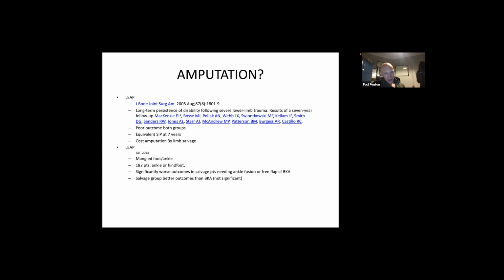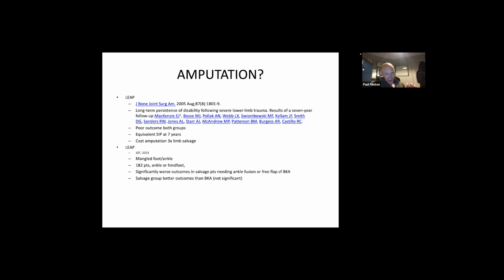The big difference, and this is historical, so this data is 10 years old, but the big difference was that an amputation cost 3 times as much as saving the leg. And that's because of the lifelong costs of prosthetic fitting. So the function's the same, but the cost to the patient or the healthcare system is more with amputation.